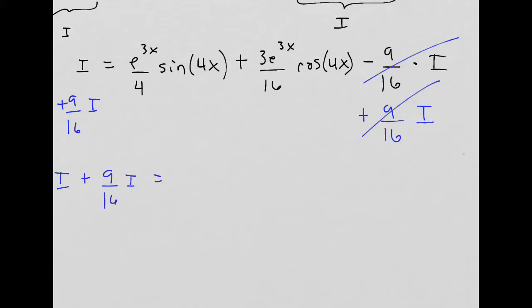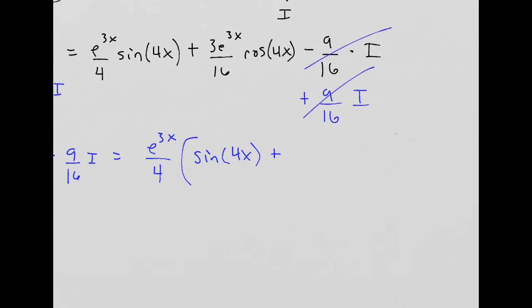I can factor out an e to the 3x, so I will do that, and a 4 from the bottom. So I'll factor out e to the 3x over 4.